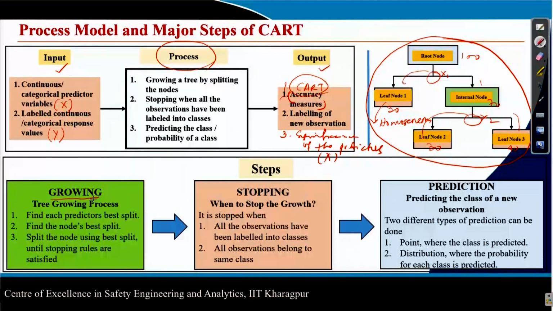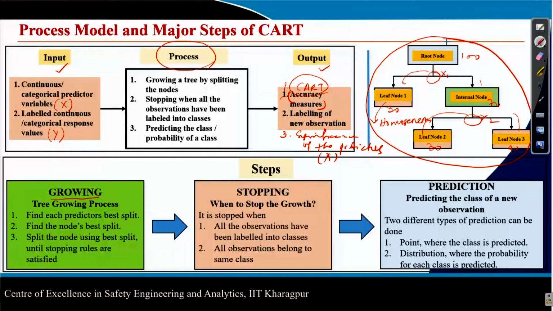In tree growing, you start with the root node, then continuously do branching with the help of predictors, and finally there will be many internal nodes, and at the end you will find leaf nodes which cannot be split further, because even if you split, you will not get any additional benefit or gain. So that is the first thing.